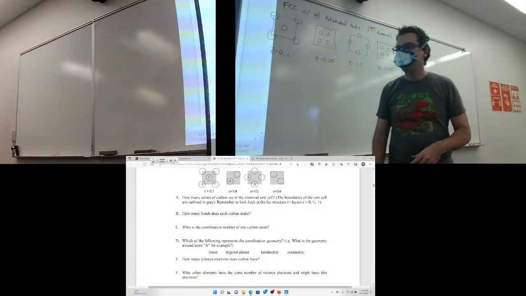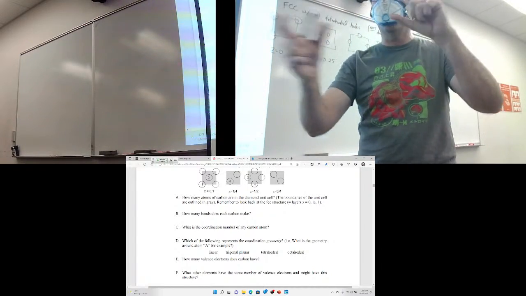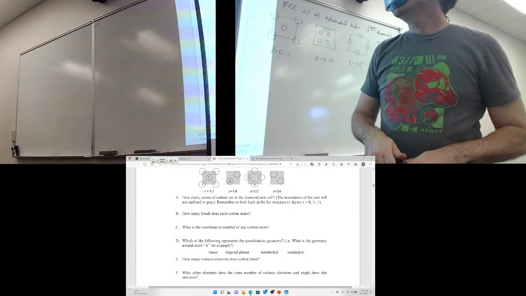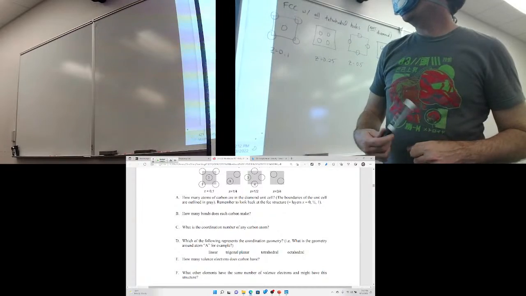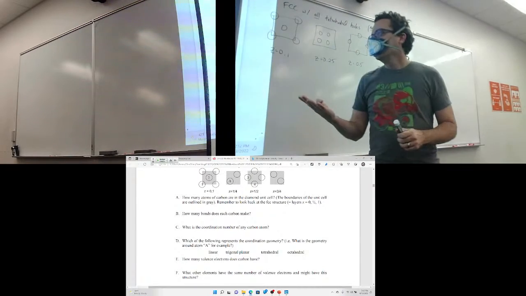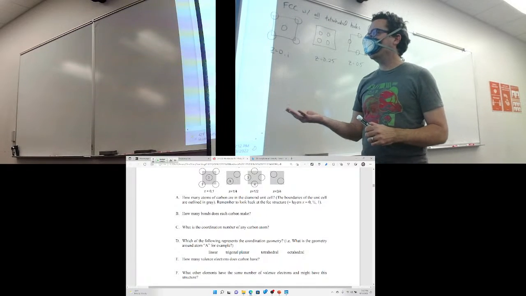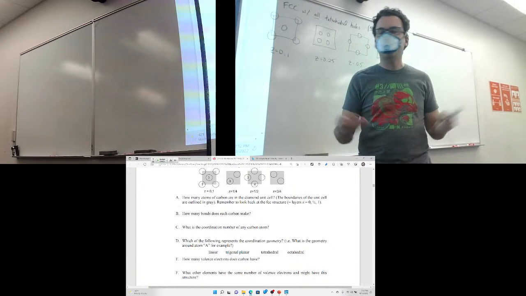Tetrahedral, perfect. I mean, you can see it on your Legos. The holes are tetrahedral with the corners and the faces. How many valence electrons does carbon have? 4. So it stands to reason that things that are similar might have a similar structure. They would bond the same way.